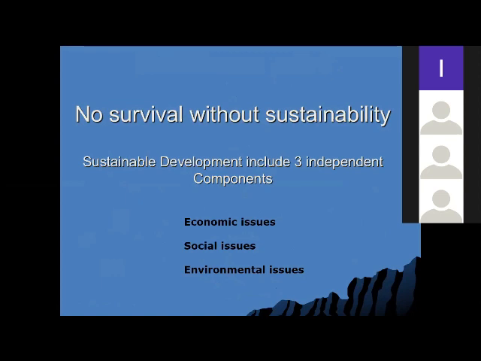Now, sustainable development includes 3 interdependent components. These, globally, we are talking about. These are called the triple bottom line: economic issues, social issues, and environmental issues. We should not consider only economic development. We need to think of social well-being and environmental health.